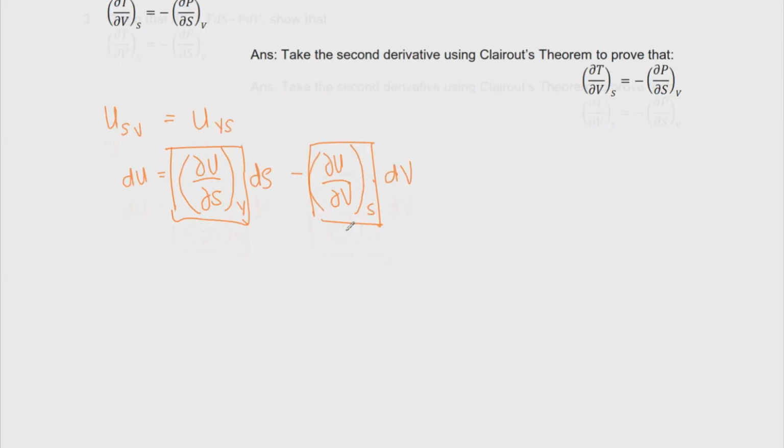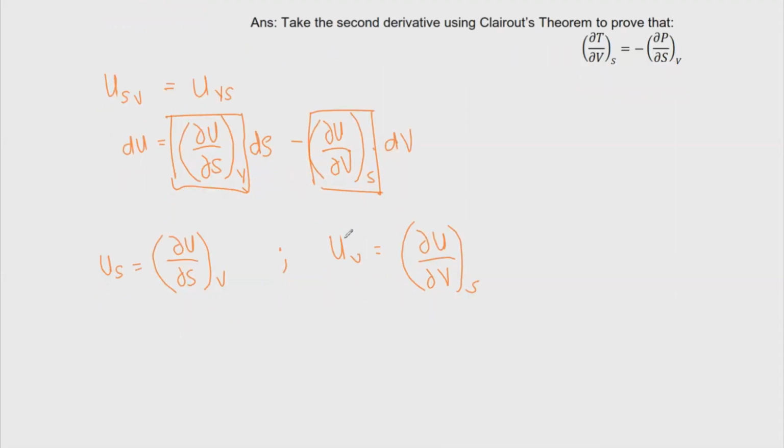So what we have to do here is to take this out, because that is the partial derivative of U with respect to S. So that is our U sub S, and for the other one we have U sub V, that is equal to the partial derivative of U with respect to V. Okay, so this is our U sub V. But to be able to solve for this, we need to take the partial derivative of this expression with respect to V, because that's the second one.